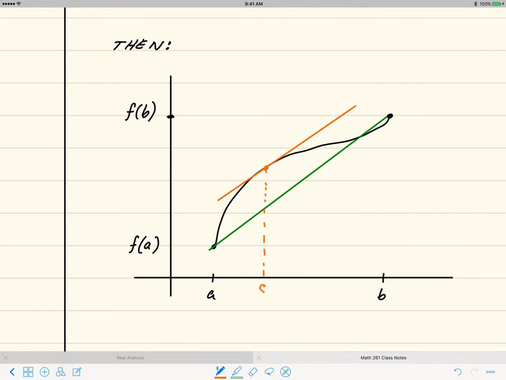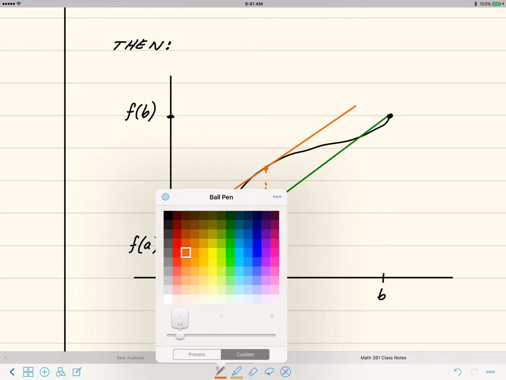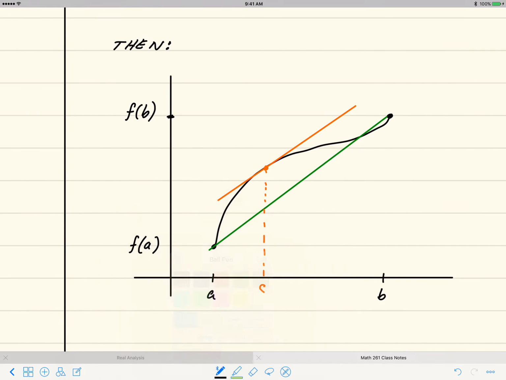So there is a location on the graph where, so here now we're ready to write down the statement, where the slope of the tangent line, so that's f prime of c, is equal to the slope of the secant line, f of b minus f of a over b minus a.